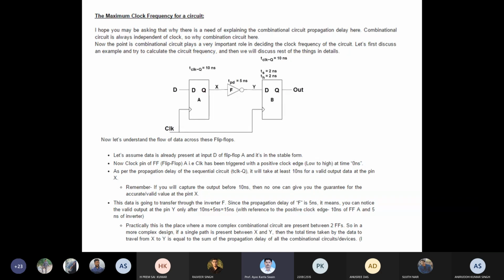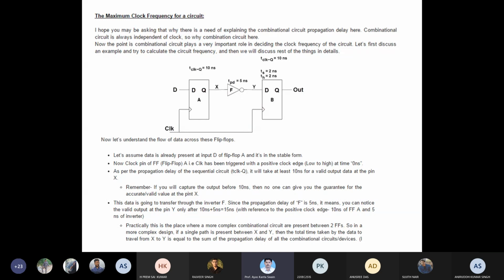The input at D will appear at X. Then X will be inverted; the minimum combinational block we have taken is an inverter. X will be inverted with a propagation delay of 5 nanoseconds and reach Y. After Y there is another flip-flop which again has a clock to Q delay of 10 nanoseconds, and the setup time is 2 nanoseconds and hold time is also 2 nanoseconds.